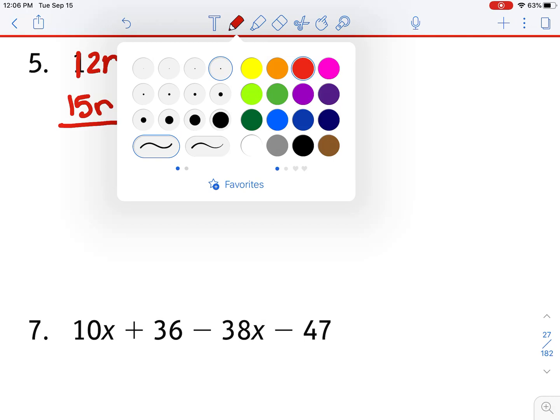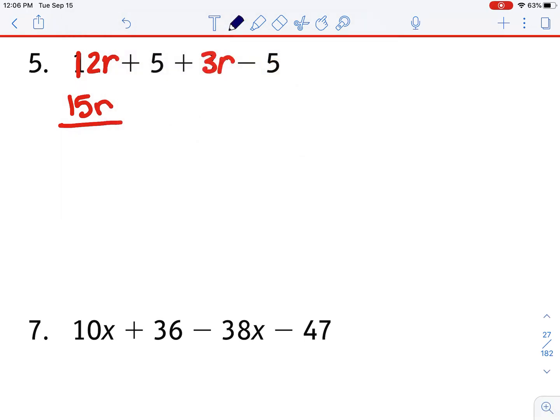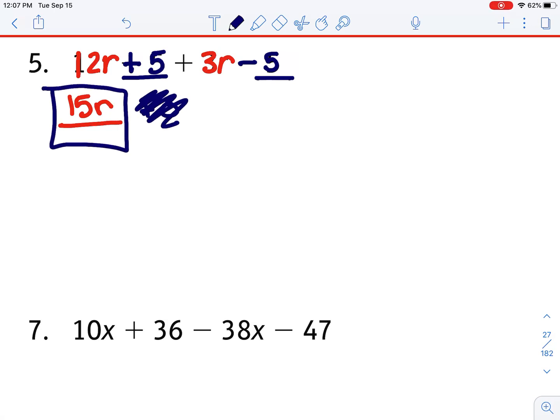Because they have a variable in them, we should write them first. Then I have plus 5 and minus 5. And plus 5 minus 5, those cancel and get 0. I actually don't even need this there. My answer is just 15R.